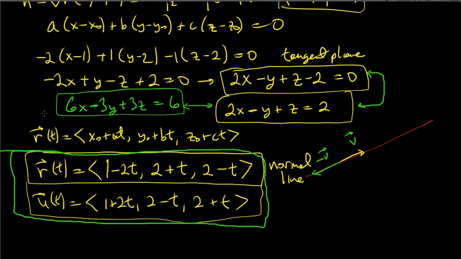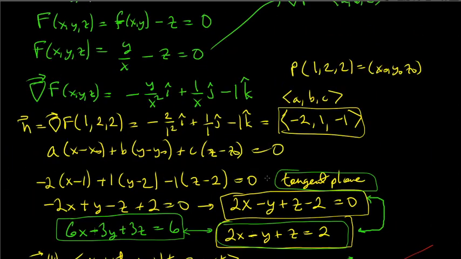I mean, you can multiply everything by 10 or 217 if you want. But if you can divide by a common multiple here, then I would do that. I would make it as simple as possible. So it is true that there are many different equations that represent the same plane. And that's also true for the normal line as well.